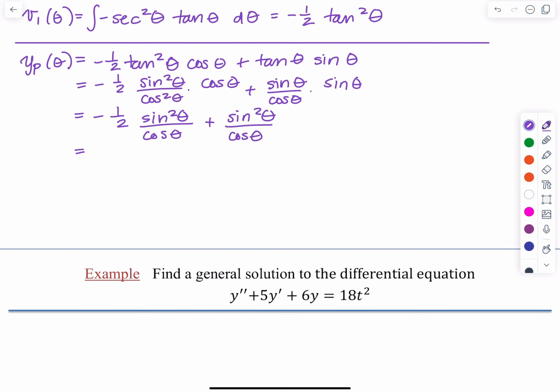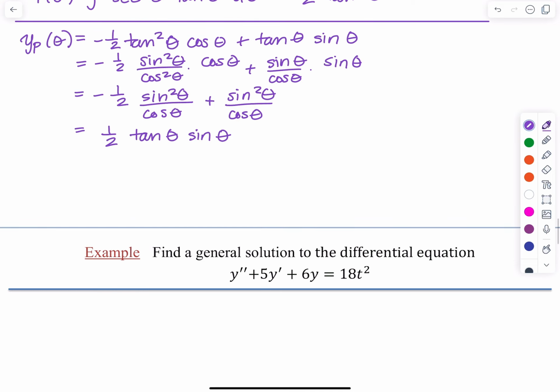And that just leaves us with 1/2 of the tangent of theta multiplied by the sine of theta.